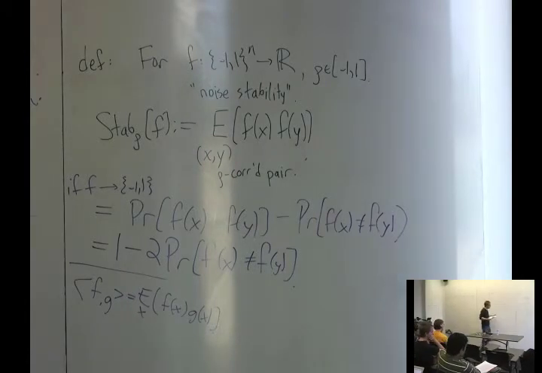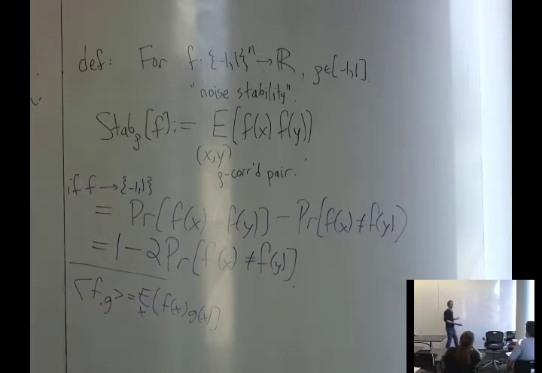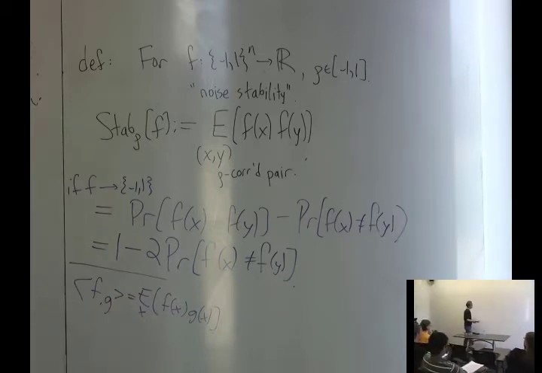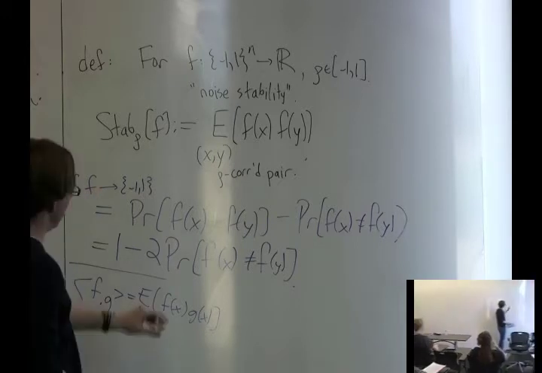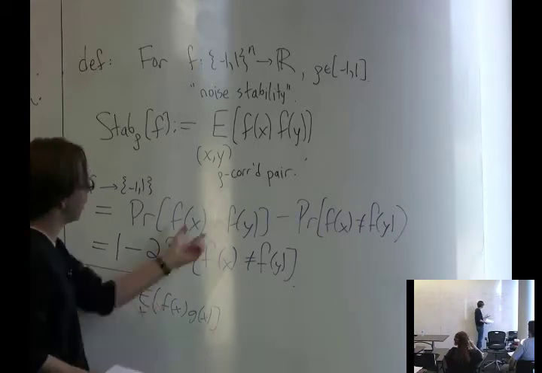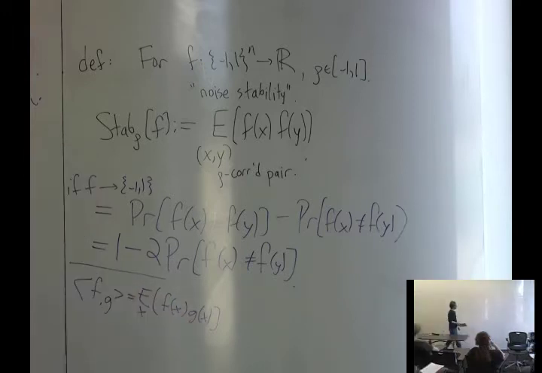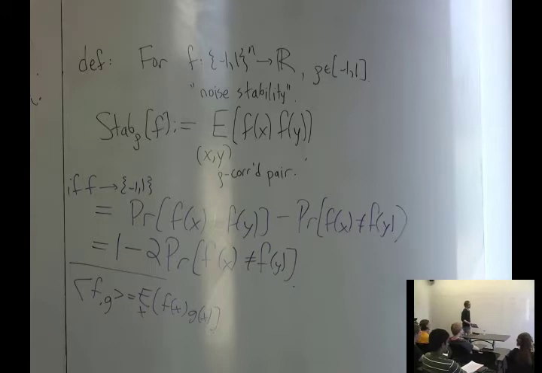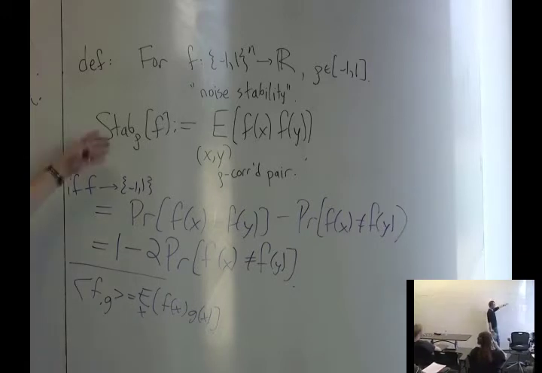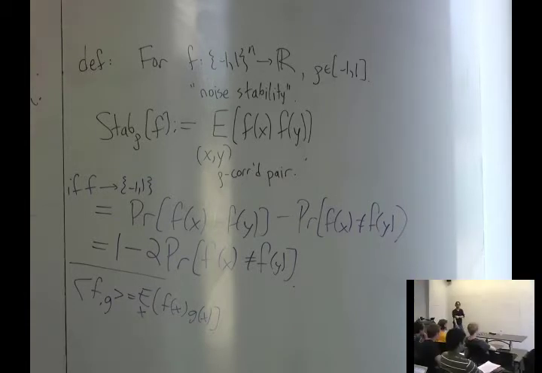But somehow this is also at least a sensible definition for real valued functions. And this is also an inner product, actually, for positive rho. It's just a slightly different distribution on the inputs. So part of the answer is, we define this for real valued functions because we can, and it's somewhat elegant. But mostly we care about it for the functions we care about that are Boolean valued.